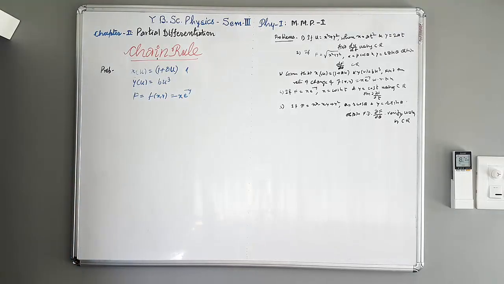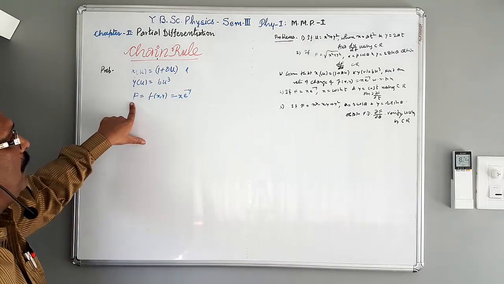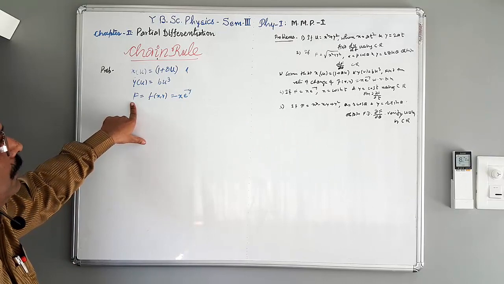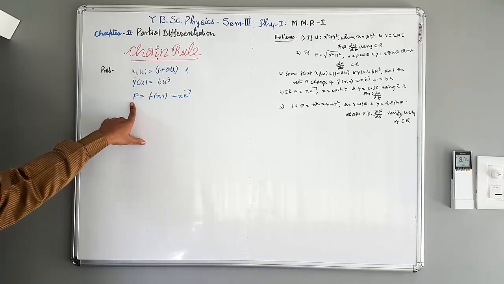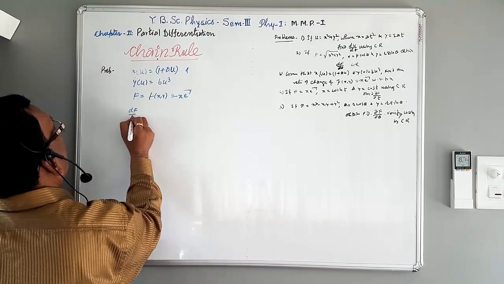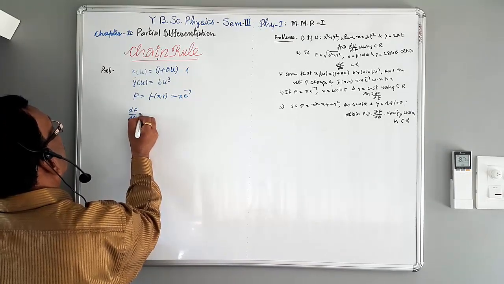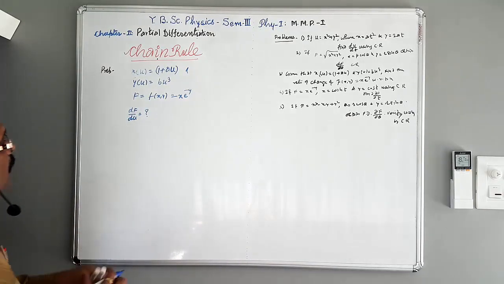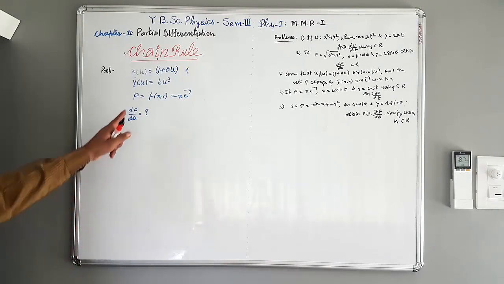Now we have to find out the rate of change of this given function with respect to u, that is df by du. Df by du gives the rate of change of this given function with respect to u.